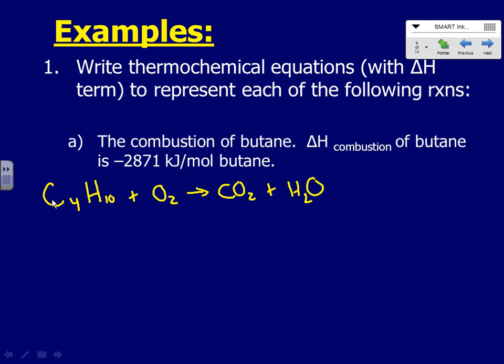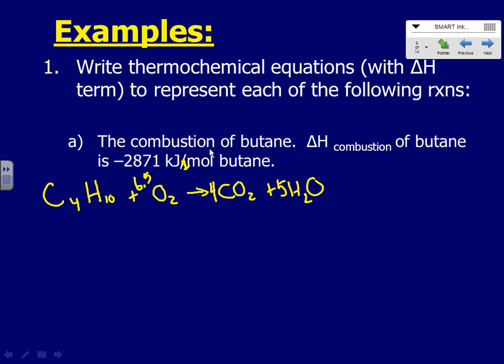And let's balance this up. 4, 10, 5, and O2s: 4 O2s and 2.5 O2s, 6.5. And notice that this is a molar enthalpy, which means I need 1 mole of butane in my equation for this to be true, and I do.